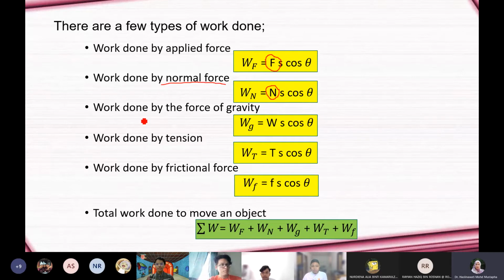Kalau work done by the force of gravity, Wg ni, we use W. The theta here will consider the direction of the W and also the S.